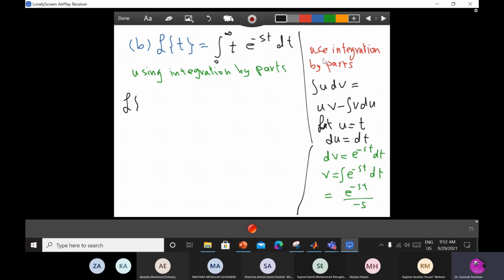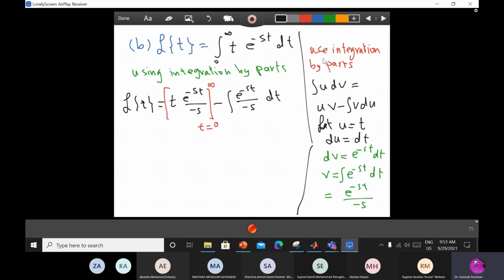So the Laplace of t will equal uv, u as t, v as e to the minus st over minus s. And don't forget to write what? Yes, the boundary from t equal to 0 to infinity, minus the integration of v du, so e to the minus st over minus s, du is dt, so here it is.